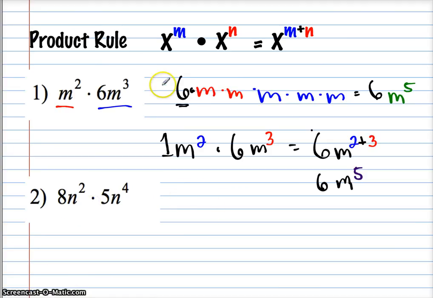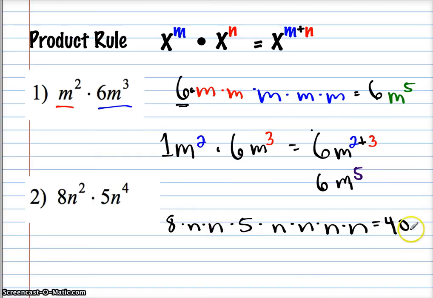I'm going to do this in expanded form just because it makes it easier for me to see everything. 8 times 2 n's, 1, 2, times 5 times 4 n's, 1, 2, 3, 4. Well, 8 times 5, that's 40. Then I have 1, 2, 3, 4, 5, 6 n's. n to the 6th power.